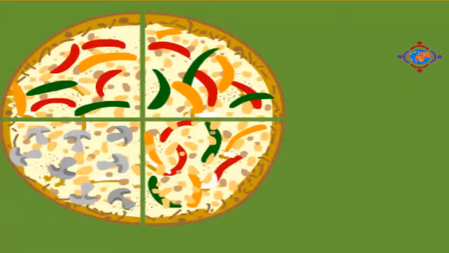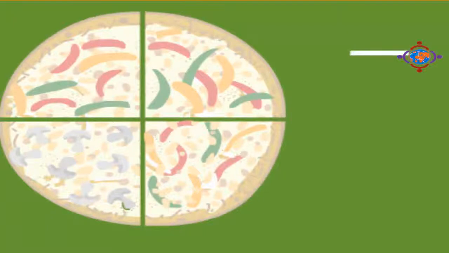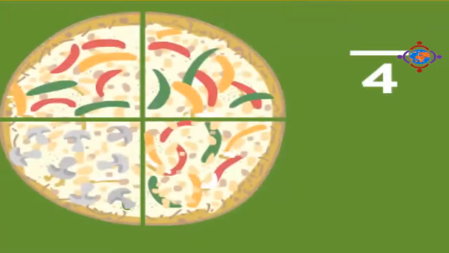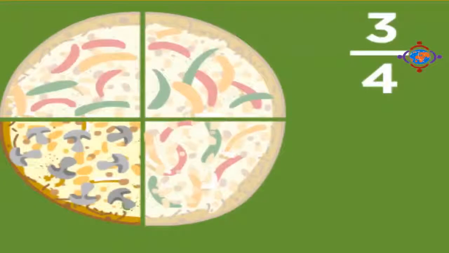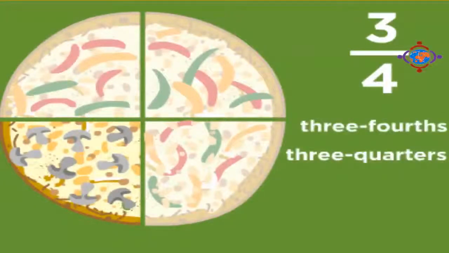How many slices have peppers? There are 4 equal slices, so the denominator is 4. Since 3 slices have peppers, the numerator is 3. 3/4 of the pizza has peppers.